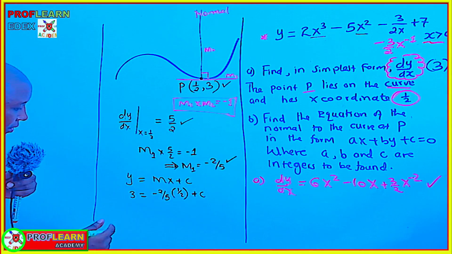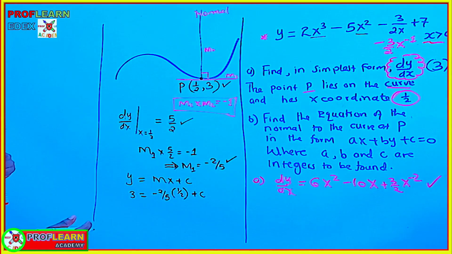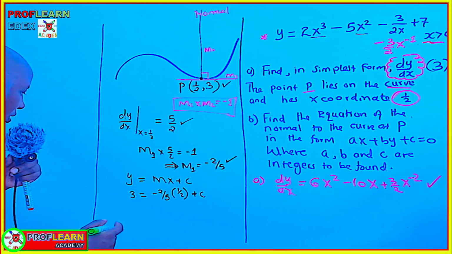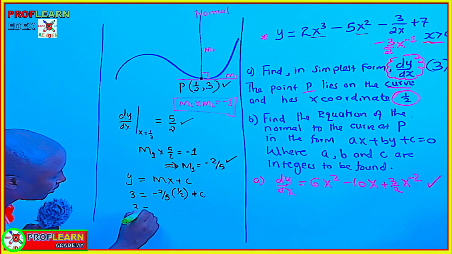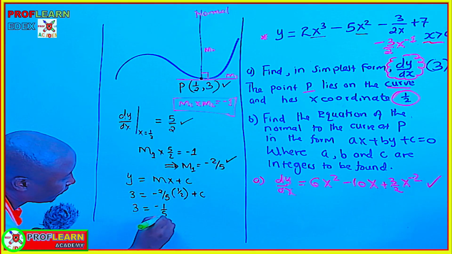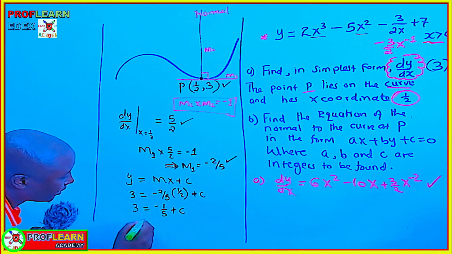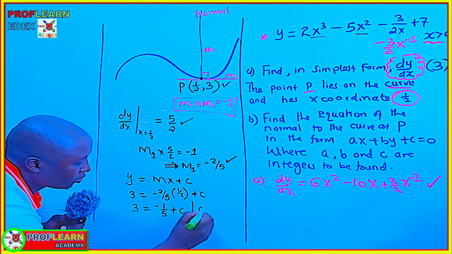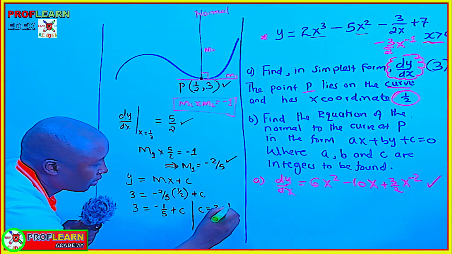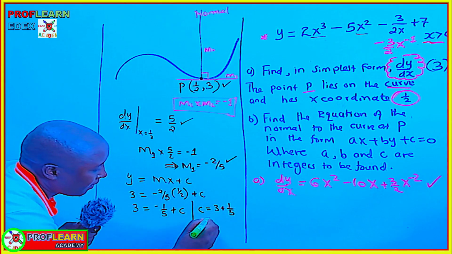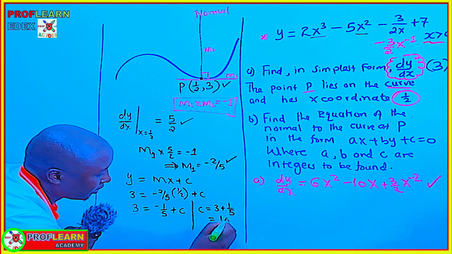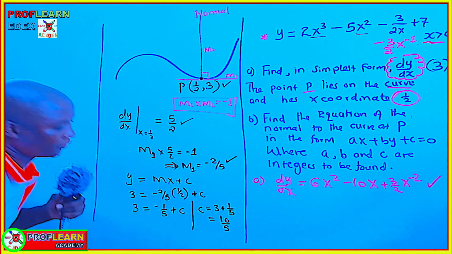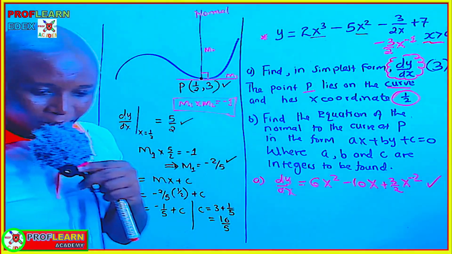If we simplify this, we get 3 equals negative 1 over 5 plus c. Then we take this 1 over 5 to the other side, and we have c equals 3 plus 1 over 5, and that translates to 16 over 5.